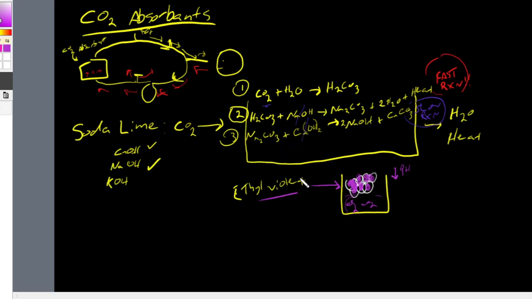Eventually, we will run out of absorbent, and the way that we tell that we ran out of absorbent is we coat these granules with ethyl violet, which will sense a pH change based on how much CO2 is built up. The granules will change from white to purple.